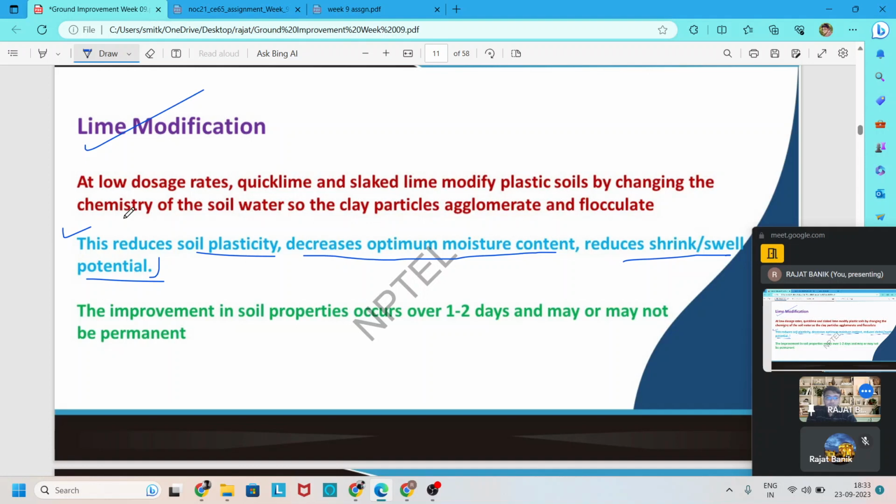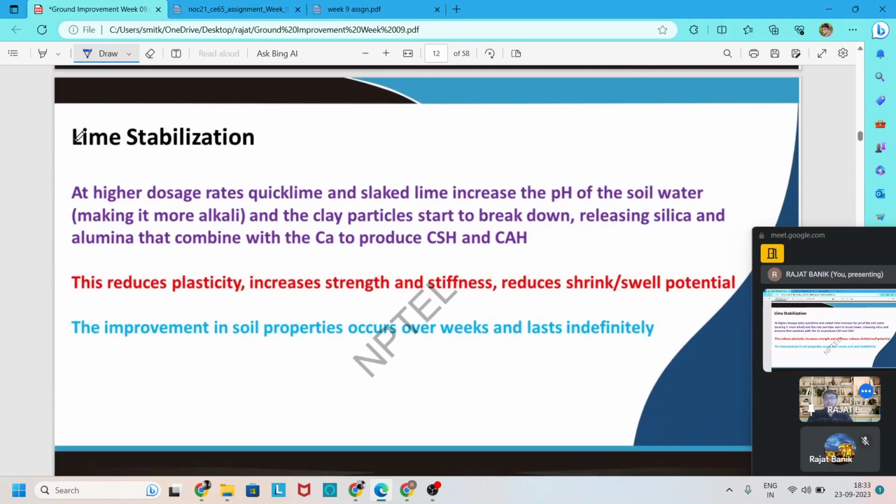So these are the points about lime modification. Now we discuss lime stabilization, how it is used to stabilize the ground. It is said that at higher dose rates, quicklime and slaked lime increase the pH of the soil, making the soil more alkaline, and clay particles start to break.